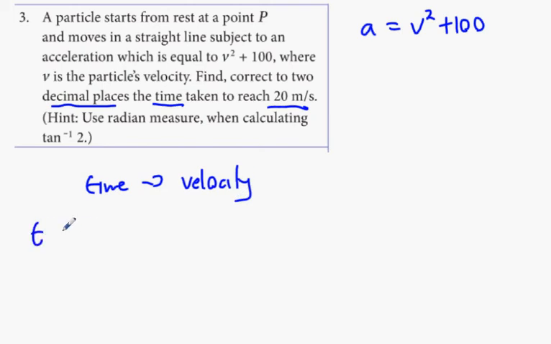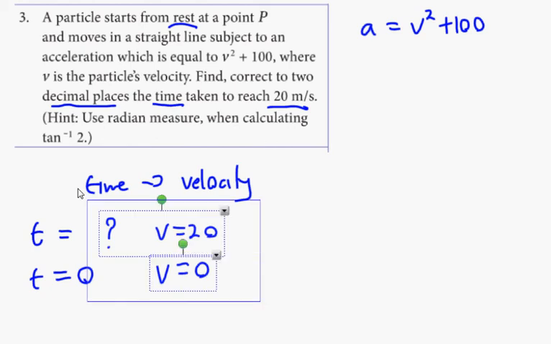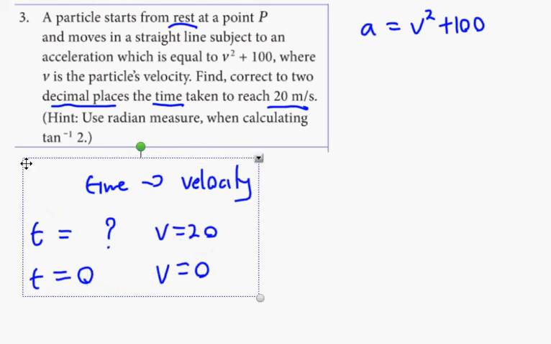You want t when v equals 20. Rest: v equals 0 when t equals 0. So you can see you're getting your limits sorted on the right hand side, and you're figuring out what is paired up with what.